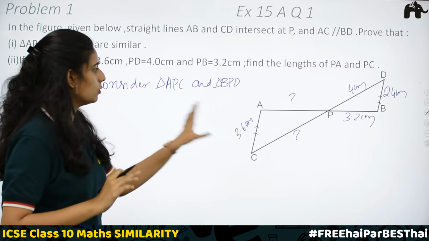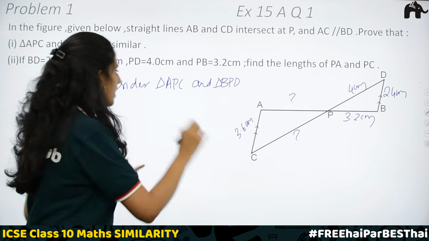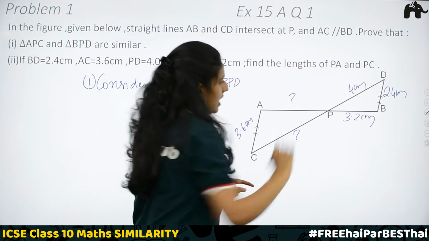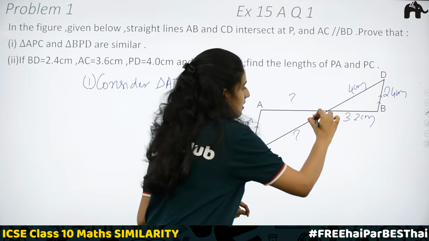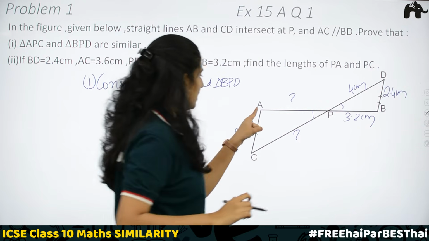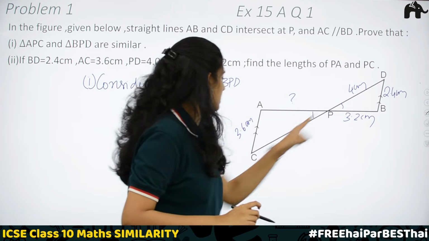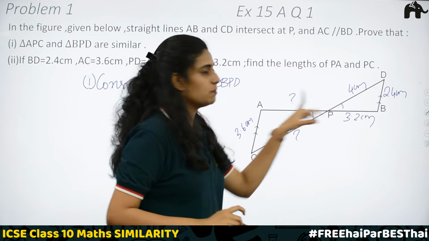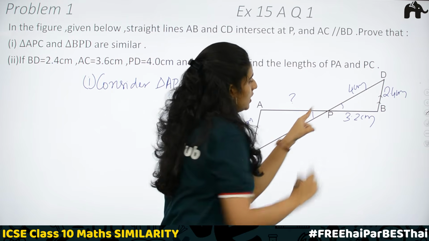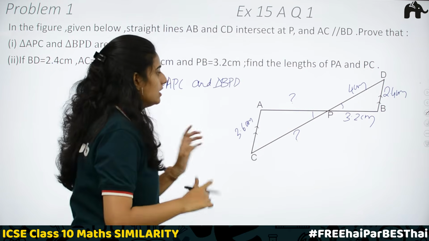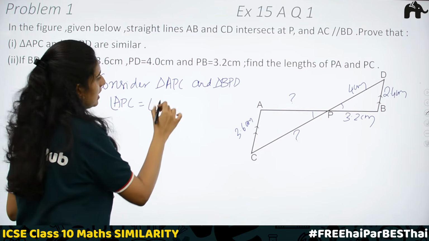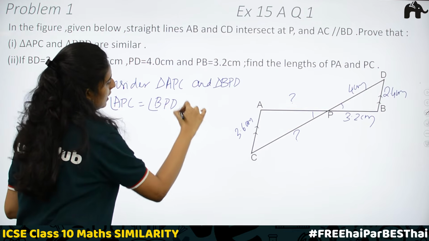Now let us check for these two triangles. Here, we have these angles equal. Why? Here we are given that AB intersects line CD at a point P. When they intersect, the vertically opposite angles will be equal. Therefore, we can write angle APC is equal to angle BPD.